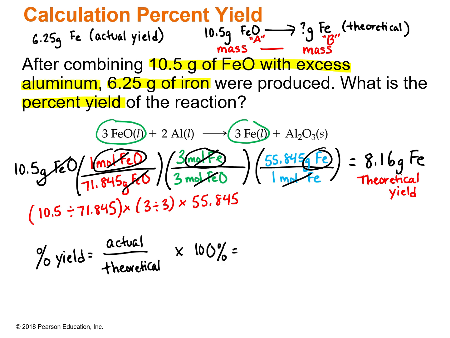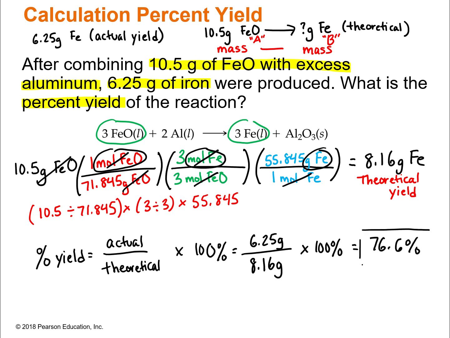We fill in our numbers. The actual we get from the problem, 6.25 grams. Theoretical, we just calculated, 8.16 grams. Do that division, multiply by 100%, and you should get 76.6% for your percent yield.